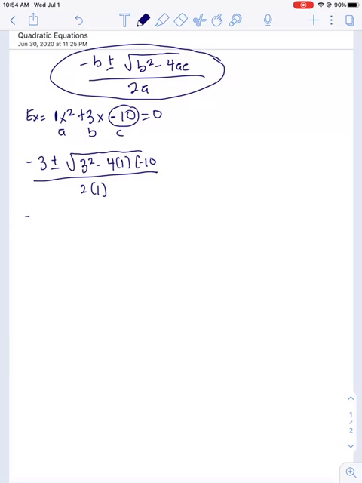It's going to be negative 3 plus or minus the square root of 3 squared, which is 9, minus 4 times negative 10. Because you have two negatives, when you multiply that gives you a positive, so that'll be plus 40. When you add them, you get 49, divided by 2.